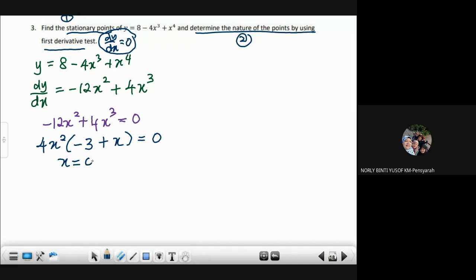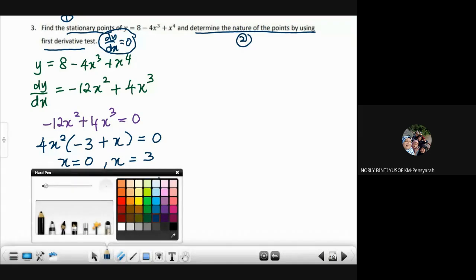So x equals to 0 sebab ini 4x squared equals to 0. 0 lah kan. Walaupun ada 4 tapi 0 divided by 4, 0. And then x equals to 3. Sebab ini you sama dengan kosong. Negative 3 plus x equals to 0. X equals to 3. Ni jadi pindah jadi positif. Sebab you selalu dapat roots, you reverse jadi factor. Sekarang factor jadi root. So kena samakan dia dengan kosong.